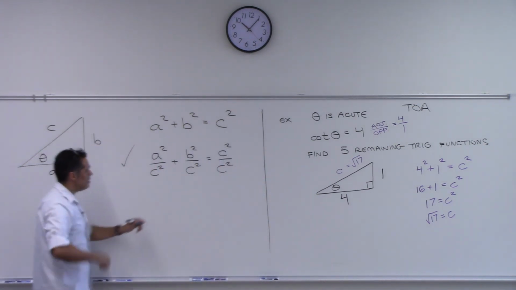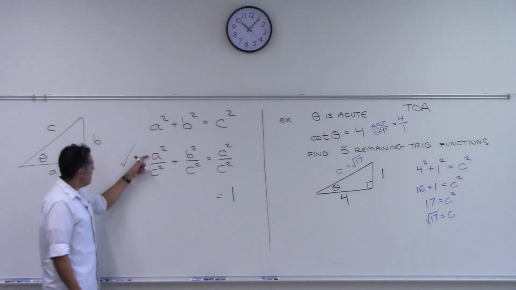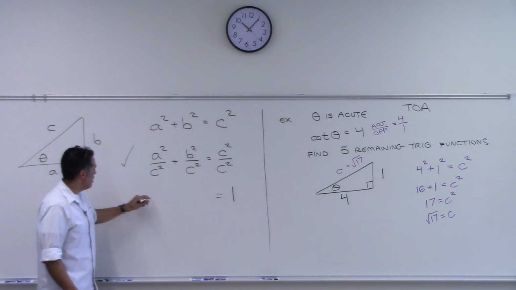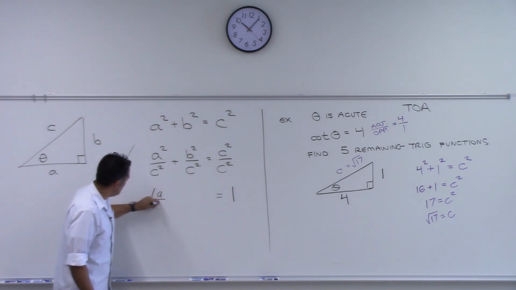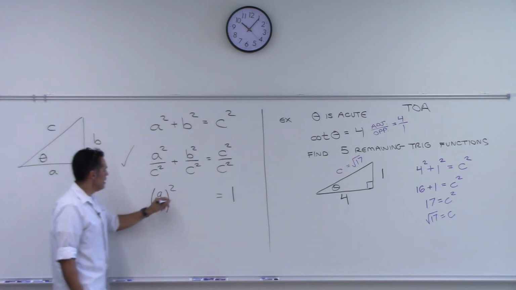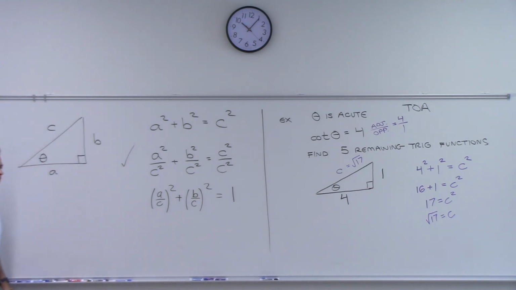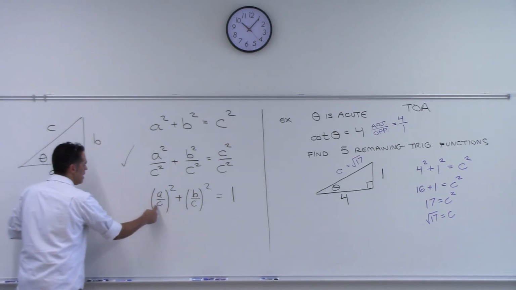All right, the right side of this equation becomes 1. A squared over c squared, isn't that the same as a over c, squared? That's what it means. And isn't this b over c, squared? Yeah? All right, now think about trig functions. A divided by c.